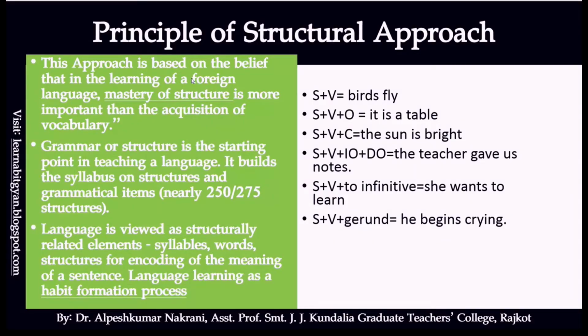The beginning point of learning any language or teaching a language should be the grammar, the basic structure. Structure is indirectly related to grammar. The syllabus is built on different structures.